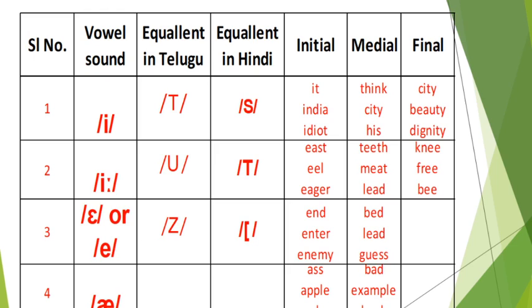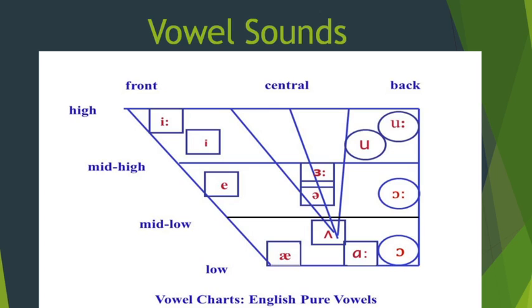Now you can prepare or frame some more examples for initial, medial and final position. Now come to the second vowel. You see this one. There are two columns here, so it is a long vowel. Now describe it.